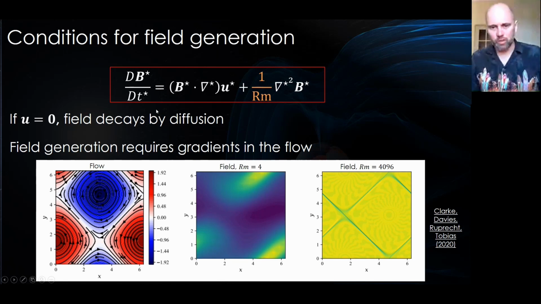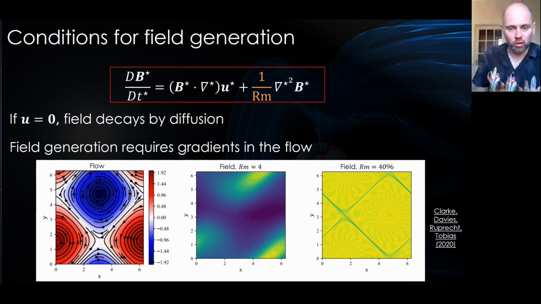Not any flow will do. You need a specific type of flow, one that's got some gradients in. And it turns out that convection is great for this, because if you've ever seen convection, you can generate some pretty complicated flows through convection. And when the convection becomes turbulent, you can generate some pretty complicated U's.